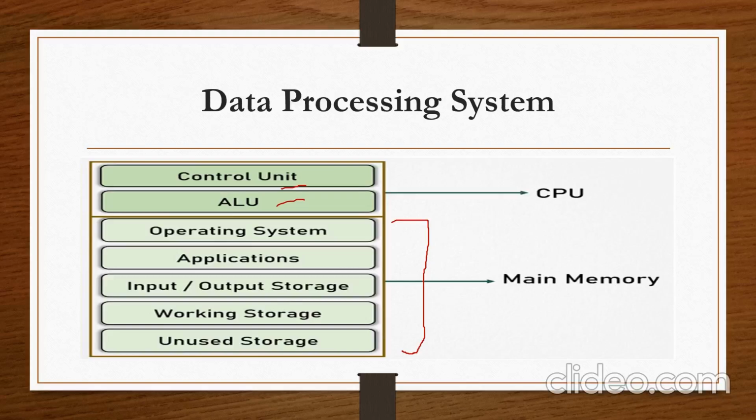The control unit determines the sequence in which computer programs and instructions are executed. It acts as a supervisor. Then we have the ALU. The arithmetic logic unit executes the computer's commands. These operations may include addition, subtraction, multiplication.